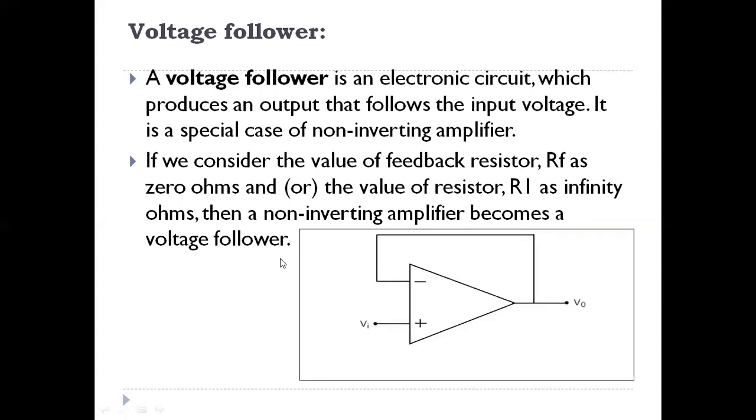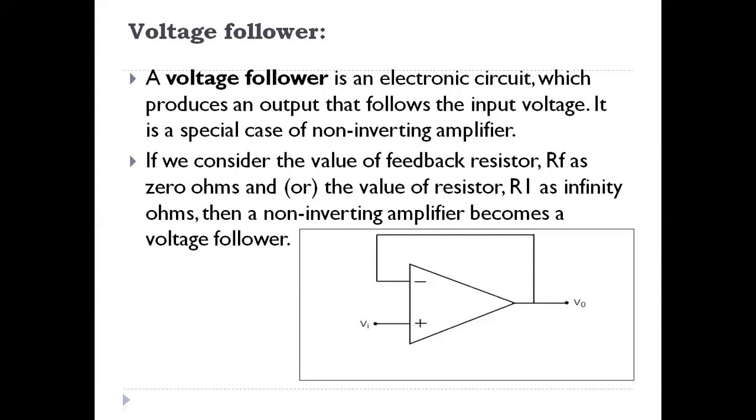Consider the feedback resistance RF as 0 ohms. For the non-inverting amplifier in closed loop configuration, we have some RF feedback resistance.